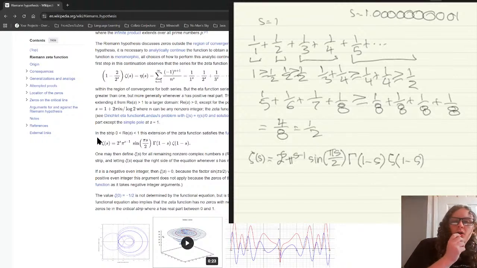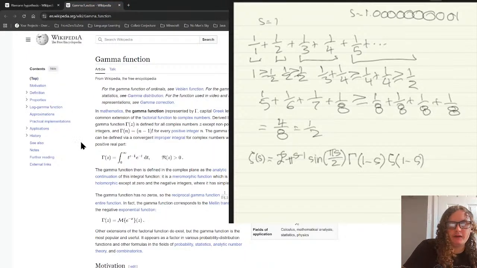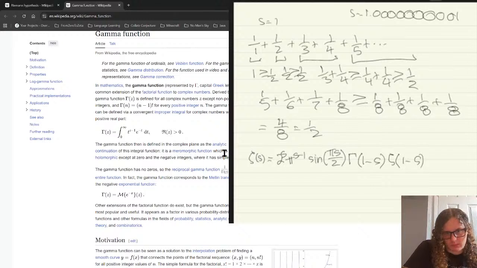So let's take a look at the gamma. Oh, that's right. The gamma function is an extension of the factorial function, and it's not defined at the negative integers. Okay.